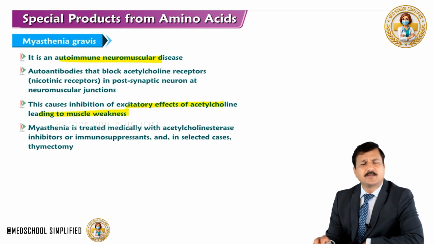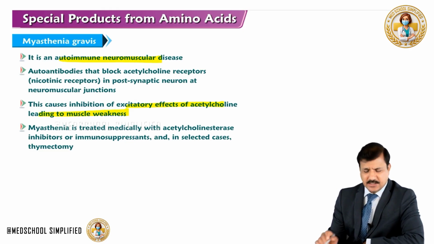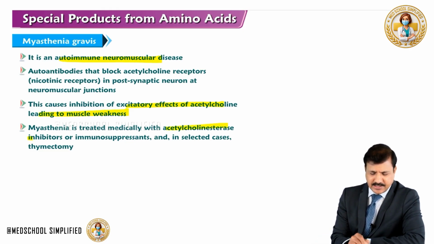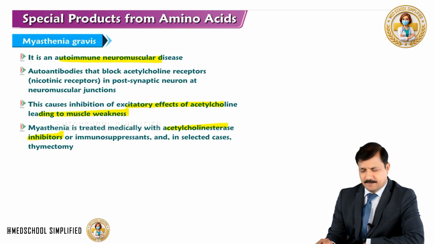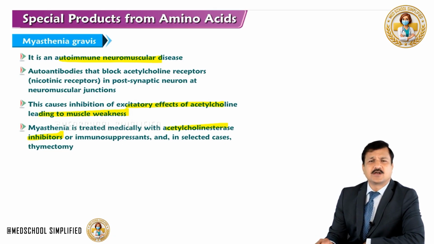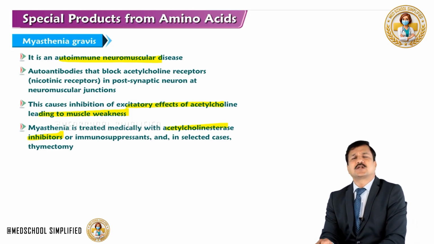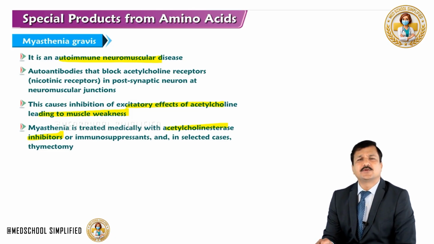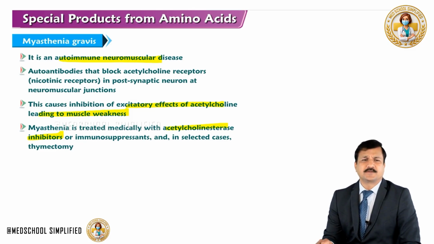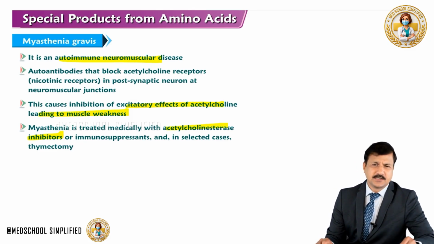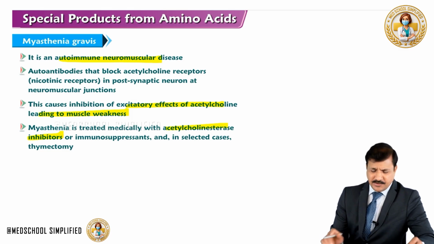One treatment for myasthenia gravis is to use acetylcholinesterase inhibitors, thereby increasing the concentration of acetylcholine in the neuromuscular junction, so the nicotinic receptors that are still available continue to transmit the information, thereby improving muscle contraction. Other ways of treating myasthenia gravis are to use immunosuppressants, and in selected cases thymectomy can be done.